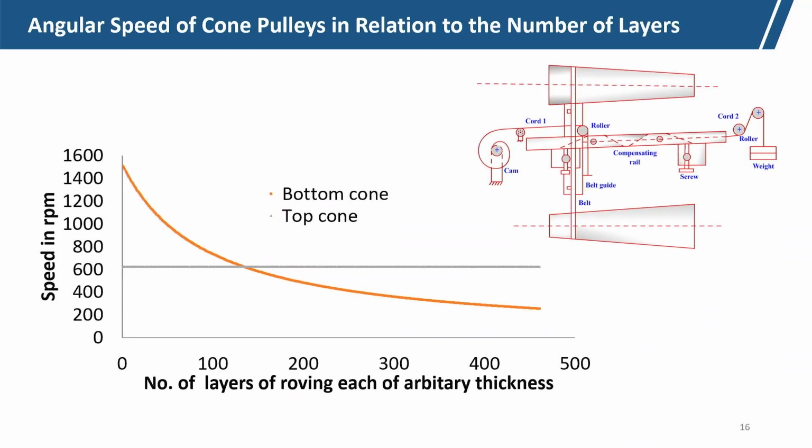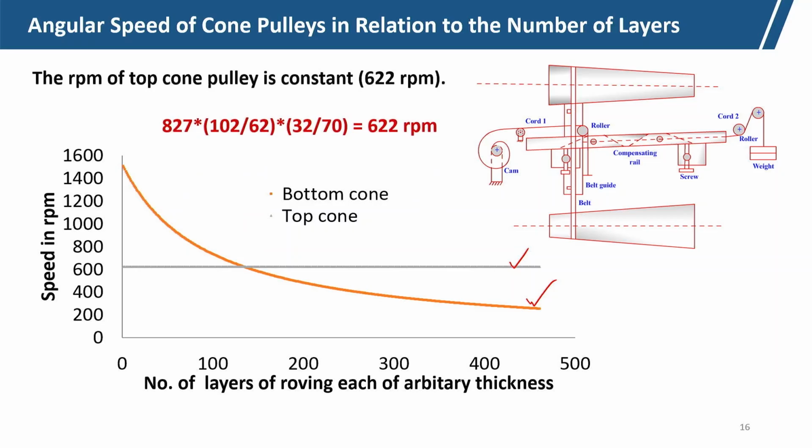You can see here this is the top cone pulley speed, and here is the bottom cone pulley with the number of layers. Bottom cone pulley speed changes as the belt shift takes place. The RPM of the top cone pulley is constant, which we have already calculated earlier.